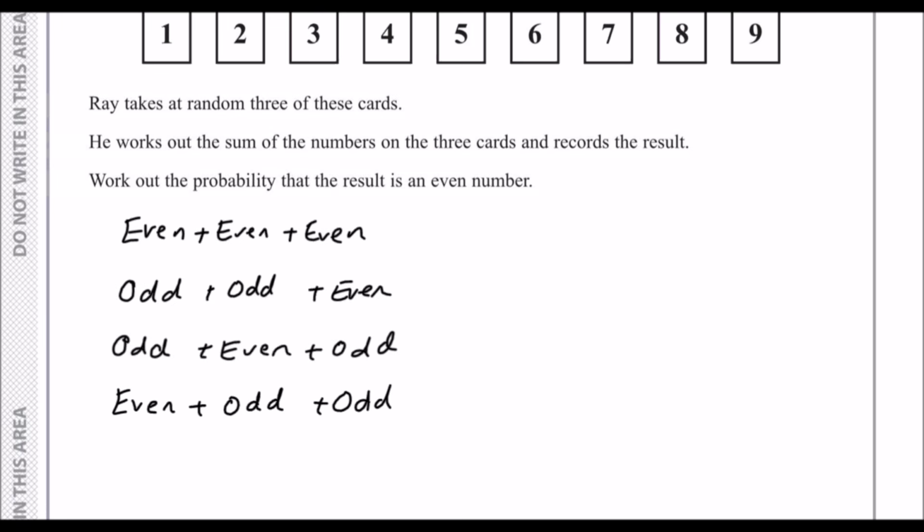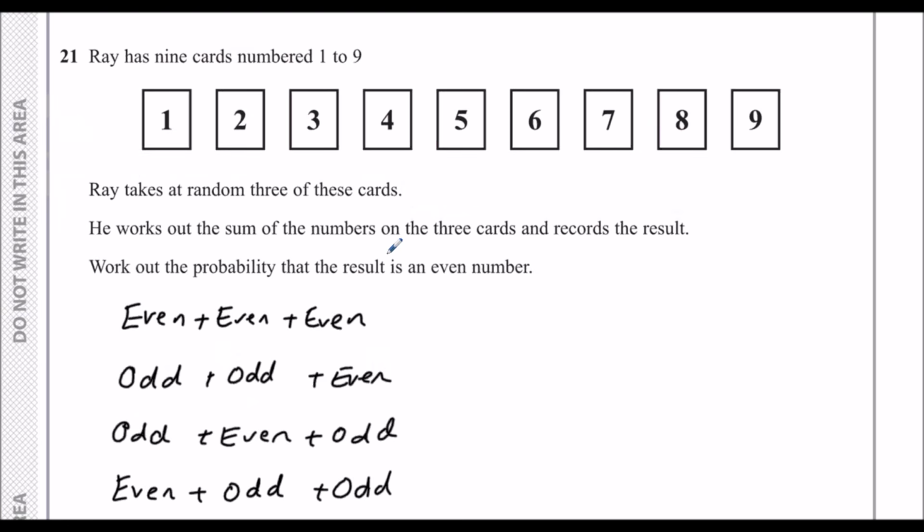So let's just work out these probabilities. The chance of getting an even from our first go, there are 1, 2, 3, 4 evens out of 9 in total. If we've taken an even, our second pick, there's 3 evens left out of 8 in total.